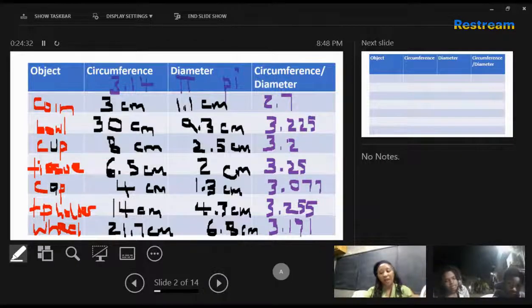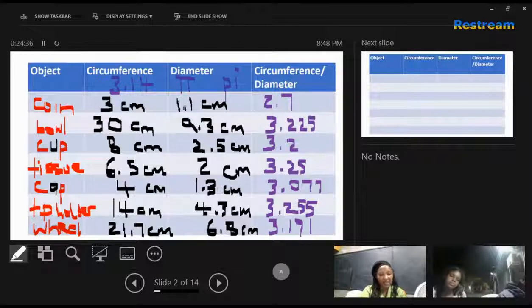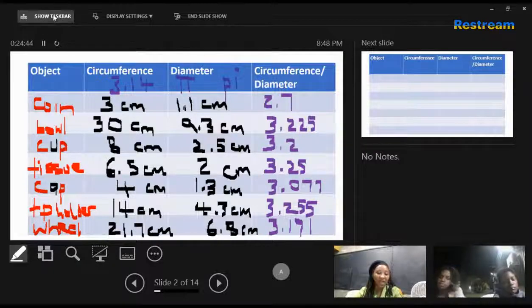So that is how pi was derived. It was from running experiments to see the relationship between the circumference and the diameter of any given circle.